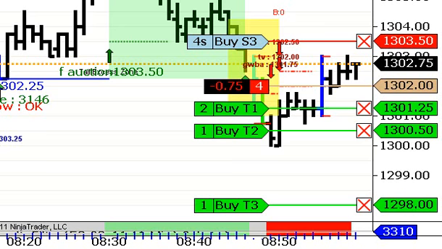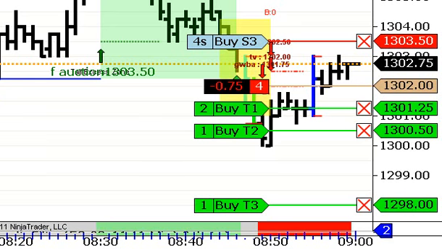So we really didn't switch to an intraday bias down until about midway through yesterday, or a third of the day through, something like that. And we still had the 1308 area as a key area of likely resistance.